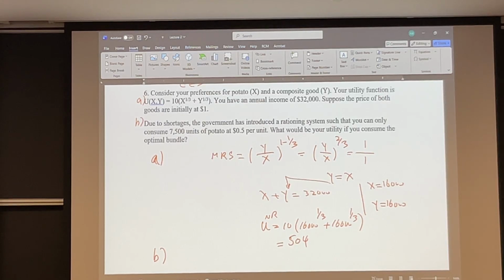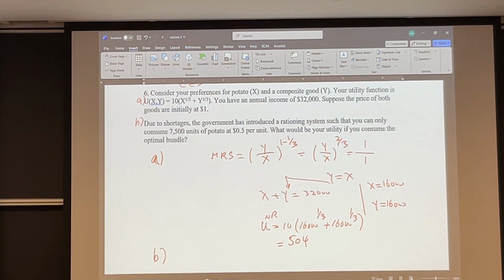The price is not 1, it's 0.5. If you have rationing, solve it with a new price, but ignore the rationing. Then if you want to consume more, you're rationed. If you want to consume less, you're not rationed. So you cannot assume, since he's rationed, he's going to consume 7,500. He may want to consume less.